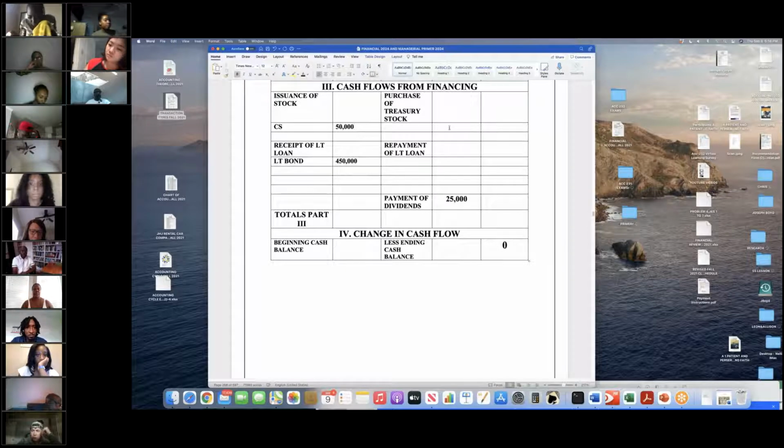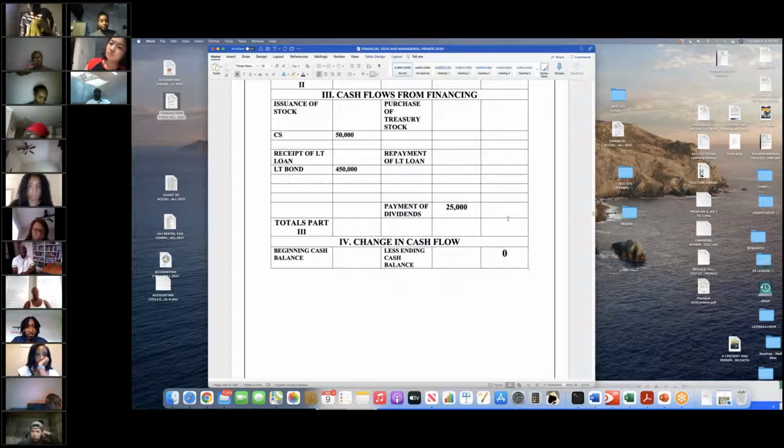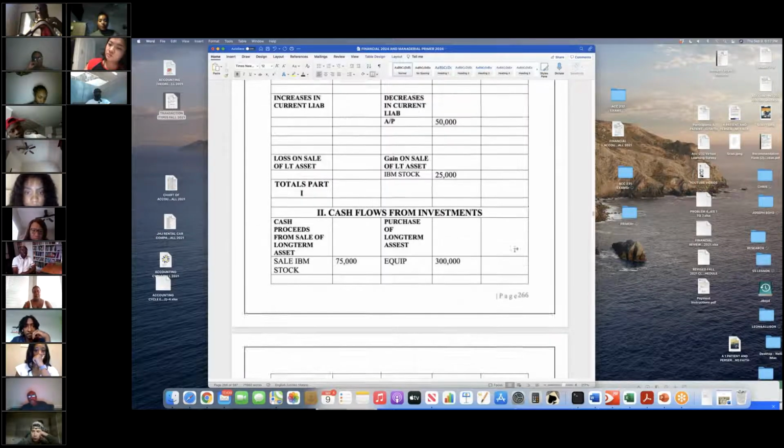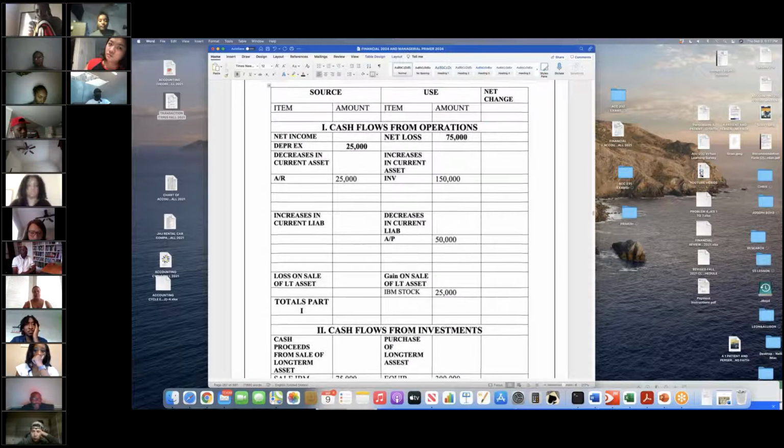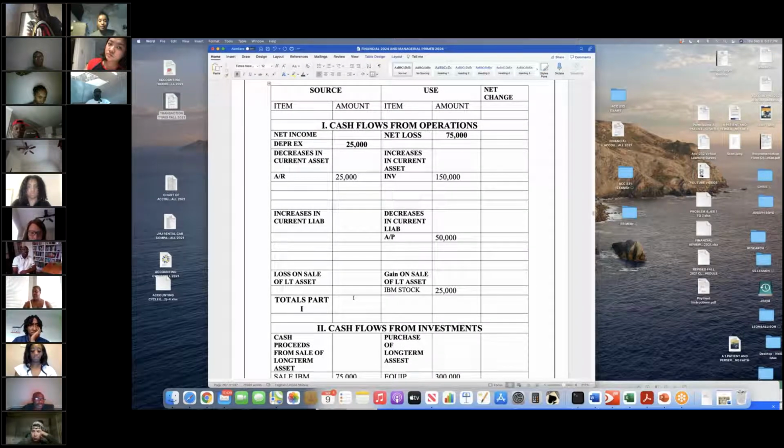Now the question is, do the changes in the 3 categories come out to be 0? So let's look at part 1. Total sources is what? It's 25 plus 50,000. 50,000. What are the uses? 300,000.